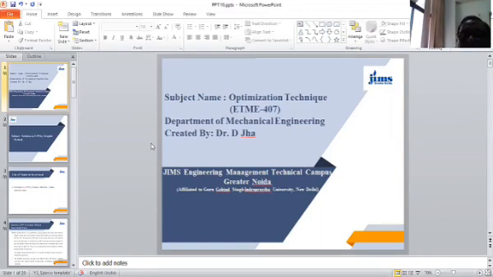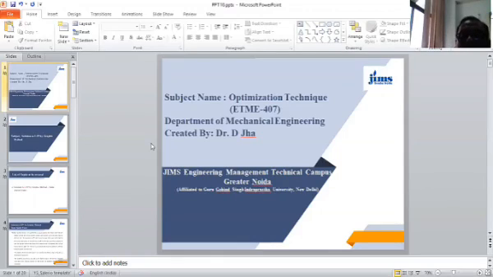So in this class, we shall study some special kinds of problems and try to conclude a few important things related to the properties of linear programming problem.